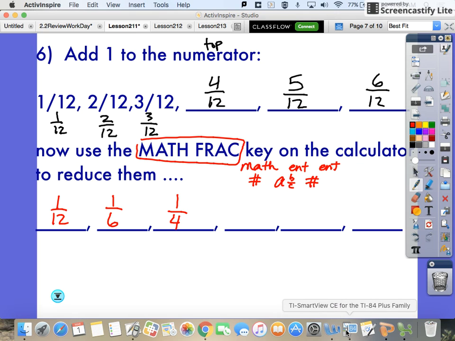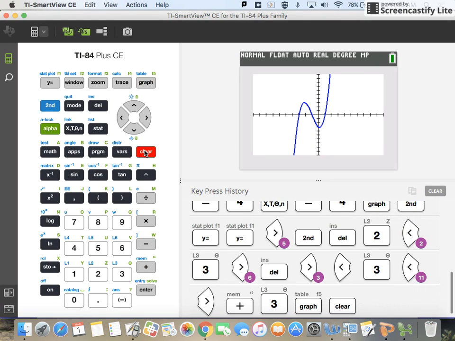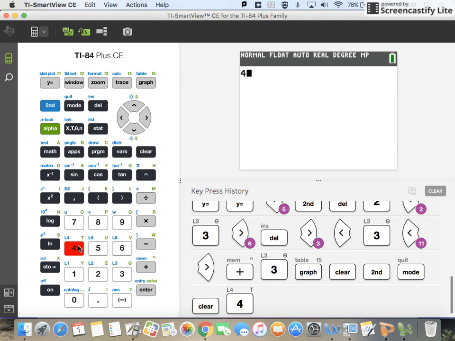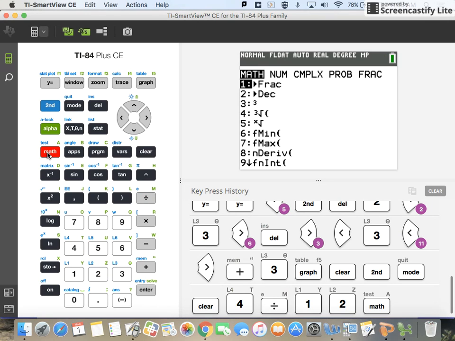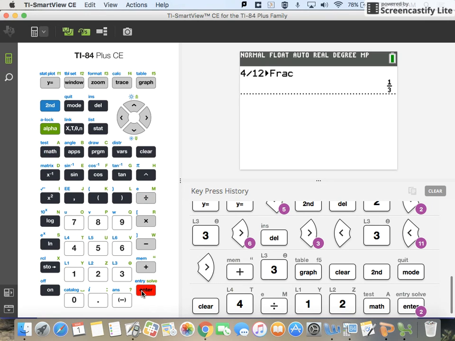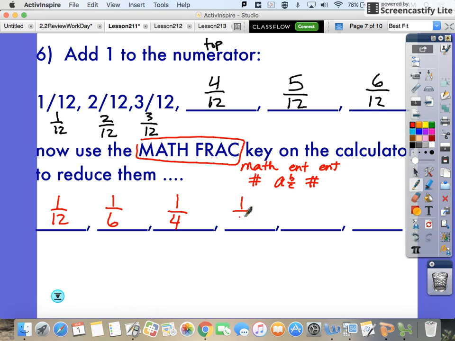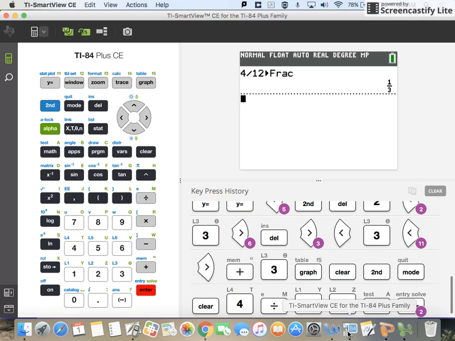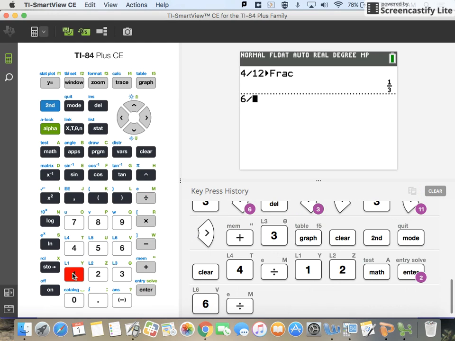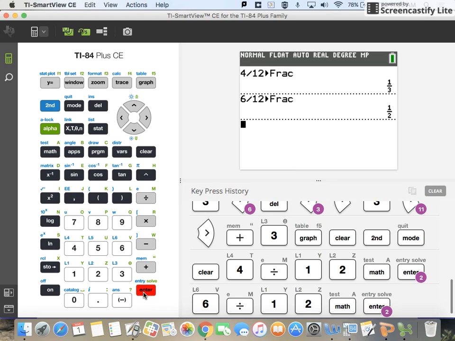We'll reduce 4/12, I'll show you. So if you do 4 divided by 12, math, enter, enter, it reduces it to 1/3. If you do 5/12, it'll come out as 5/12. But if you do 6/12, 6 divided by 12, math, enter, enter, you get 1/2.